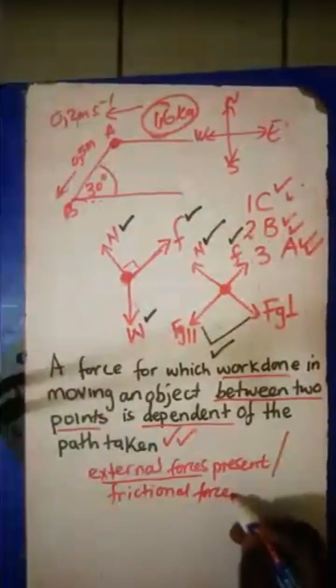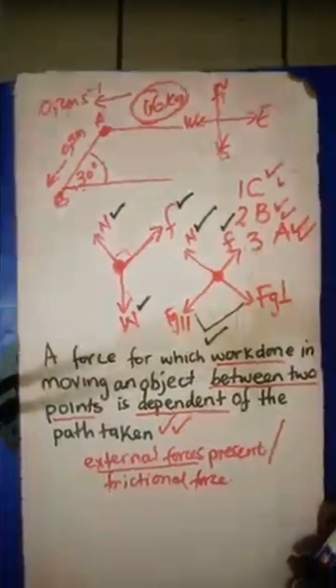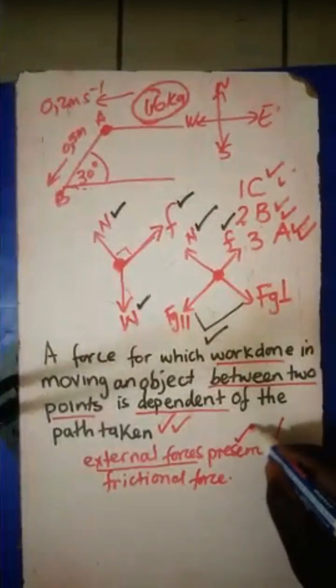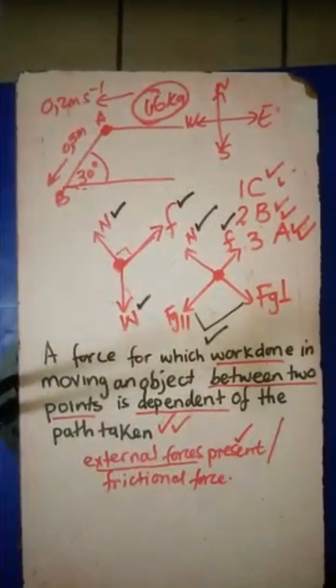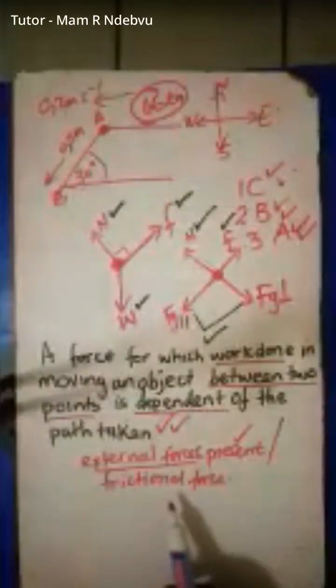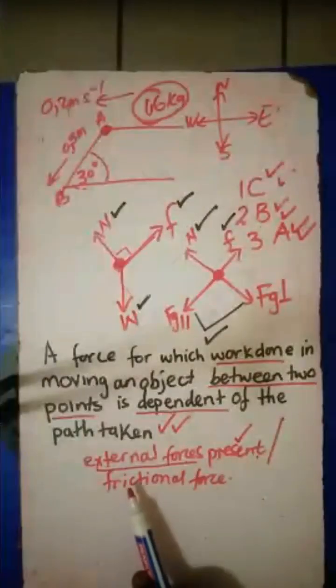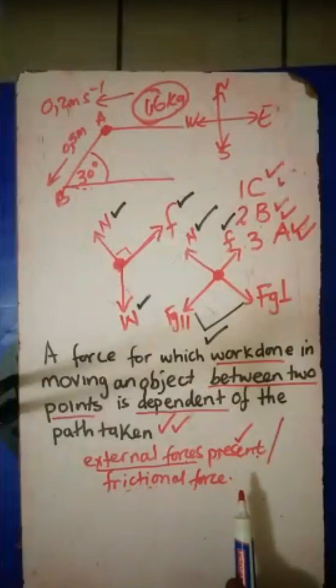So it's not isolated. Any one of these two reasons carries 1 mark. If you say the system is not moving freely, it's not correct. We need you to mention external forces are present, or frictional force is present. Then you get 1 mark there.